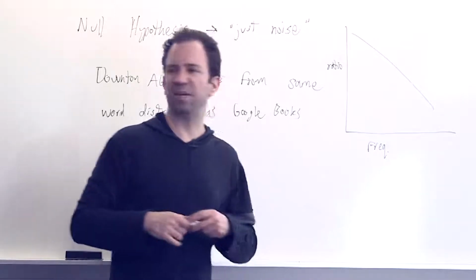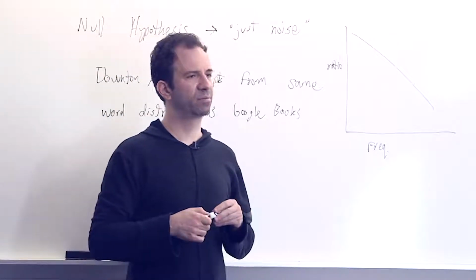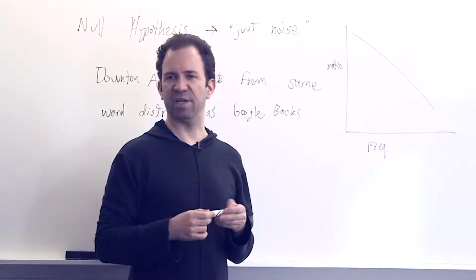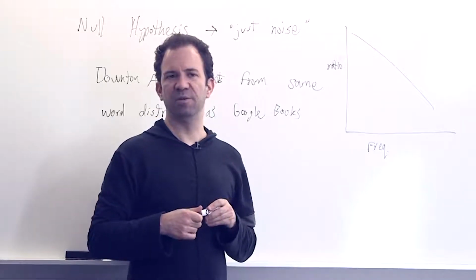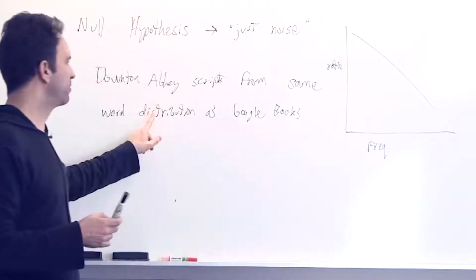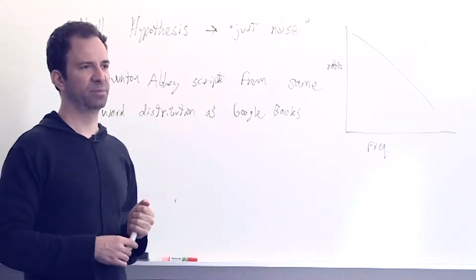So think of this as making fake Downton Abbey scripts. Any guesses? Let's generate some Downton Abbey scripts that are drawn from the same distribution as the words that are stored in Google Books. How do we do that?